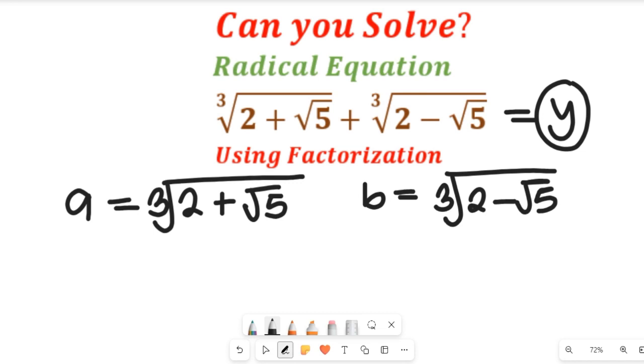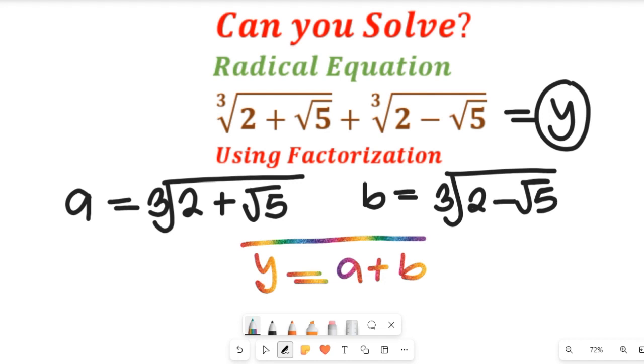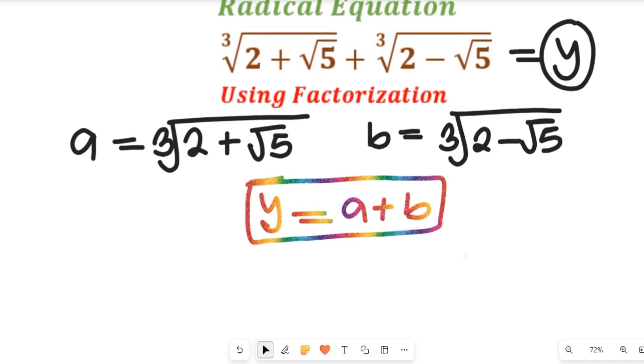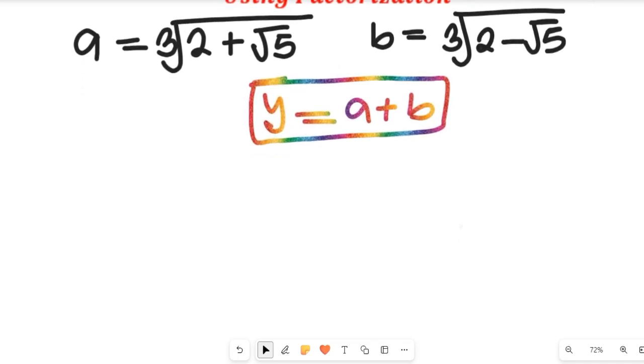So that simply means that y is equal to a plus b. If I can simplify this, I'll get the value of the addition of those two radicals. Now let's get started.